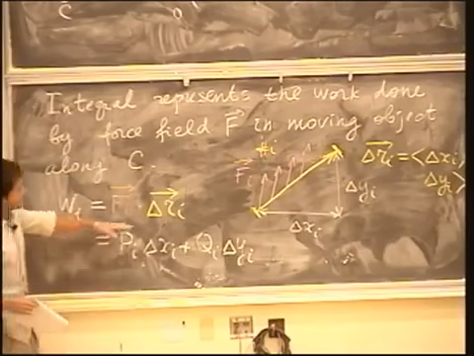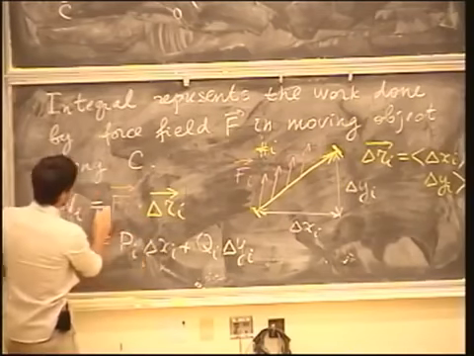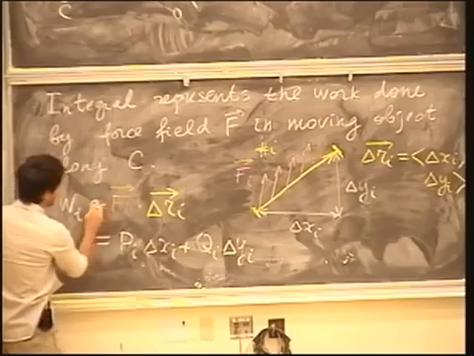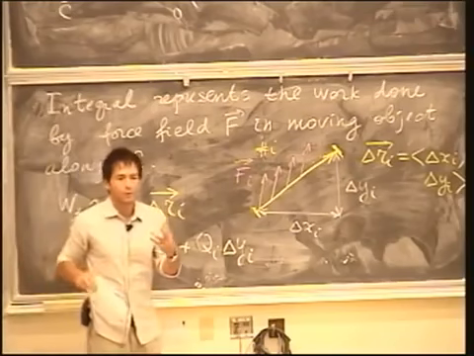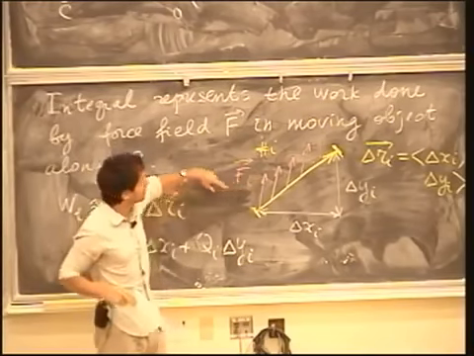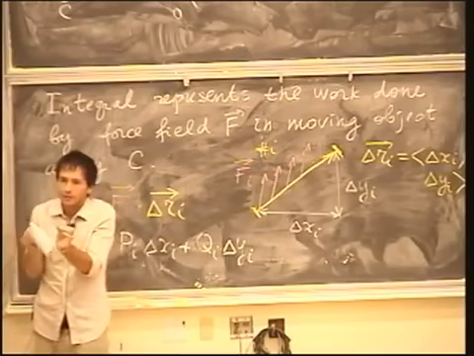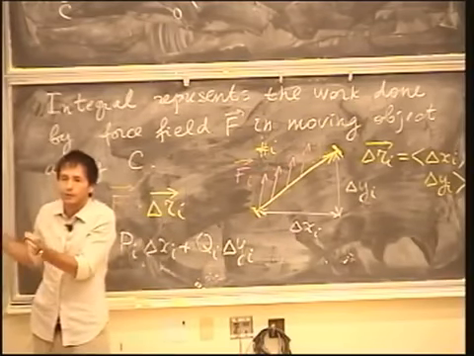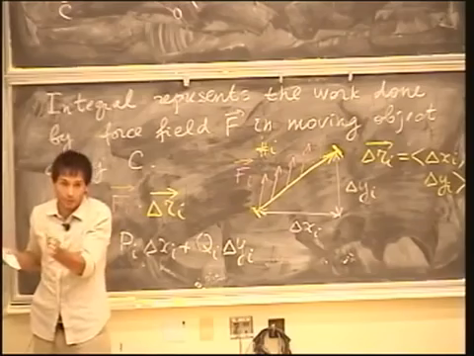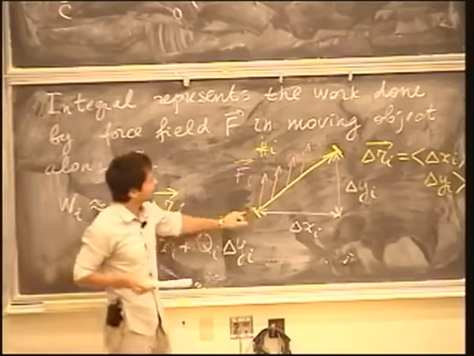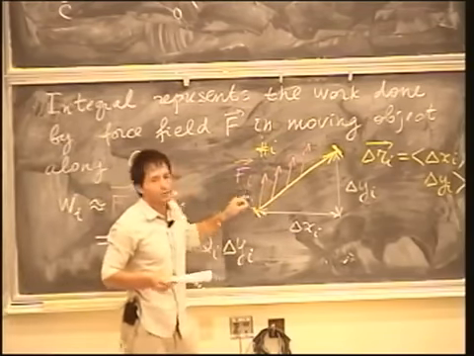So that's the work done, approximate work. I should say, this is really approximate because we are making two kinds of approximation here. First of all, we're approximating the actual segment of this curve. It is curvy, even though it is very small, but it's curvy in principle. But we are approximating it by something linear. That's the first approximation we make.